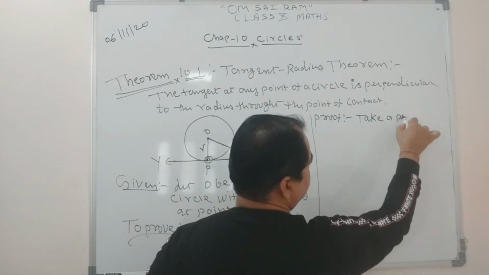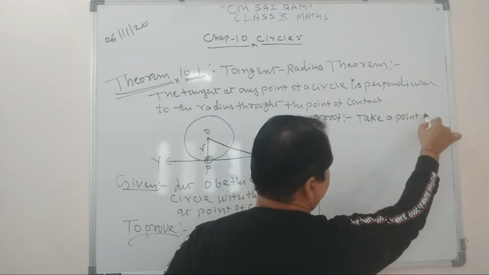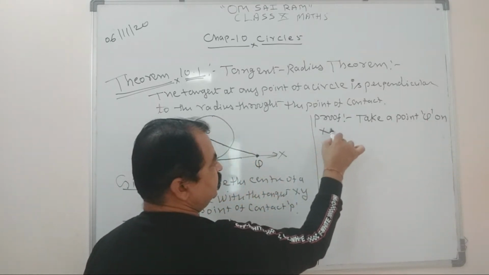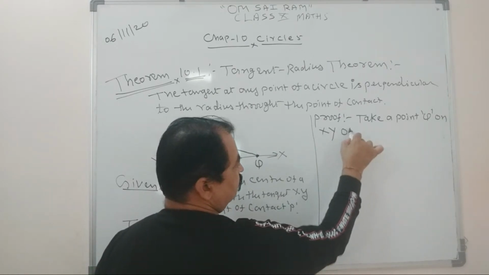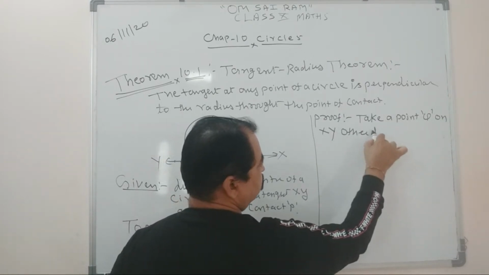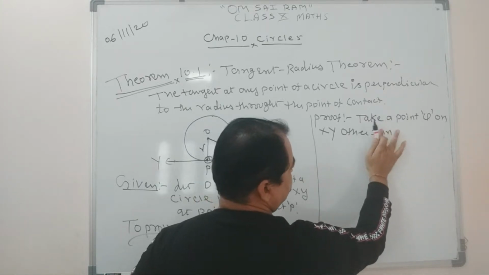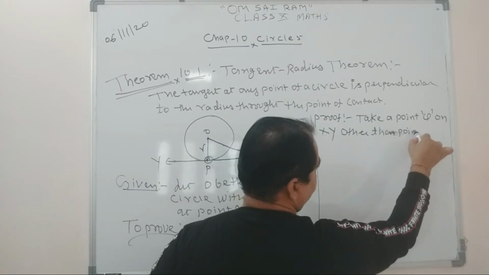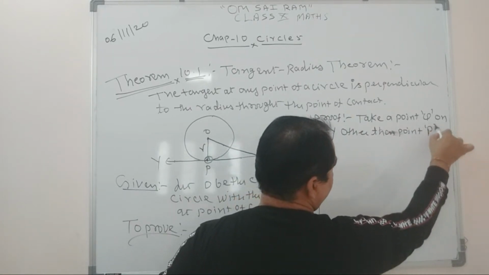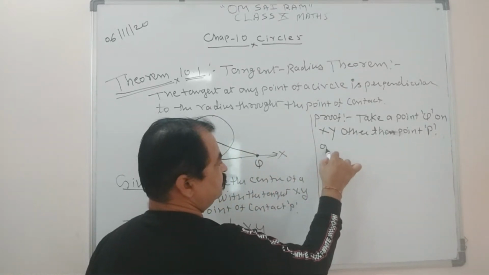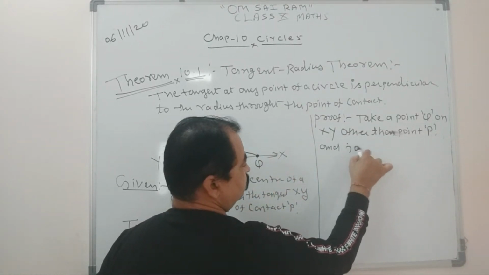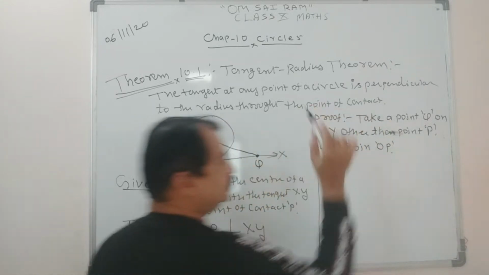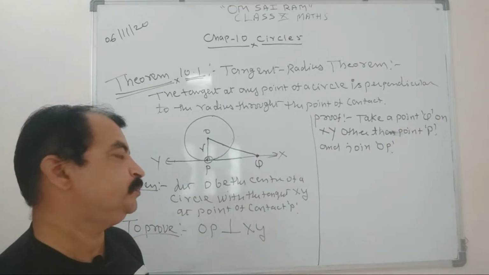Take a point Q on tangent XY other than point P. Right, children? Other than point P. And join OP. Right, children? So this is the first point which I'll explain to you.